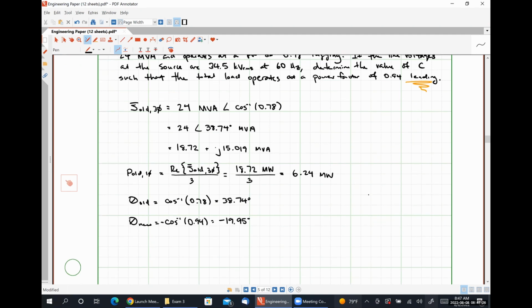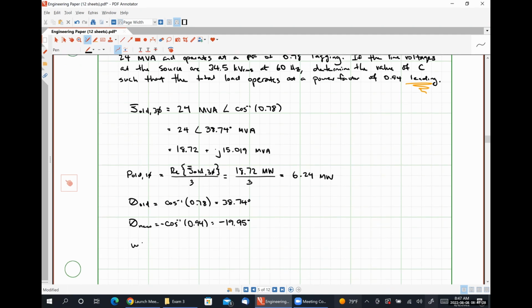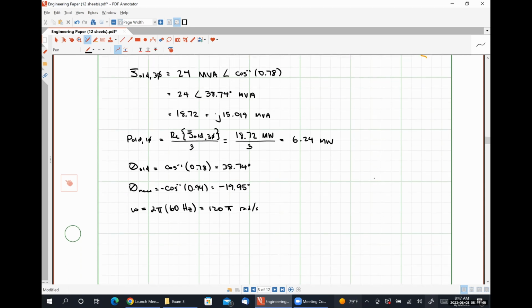Okay. Omega is going to be equal to 2 pi times 60 hertz, or 120 pi radians per second. And then we have the quantity V_RMS.